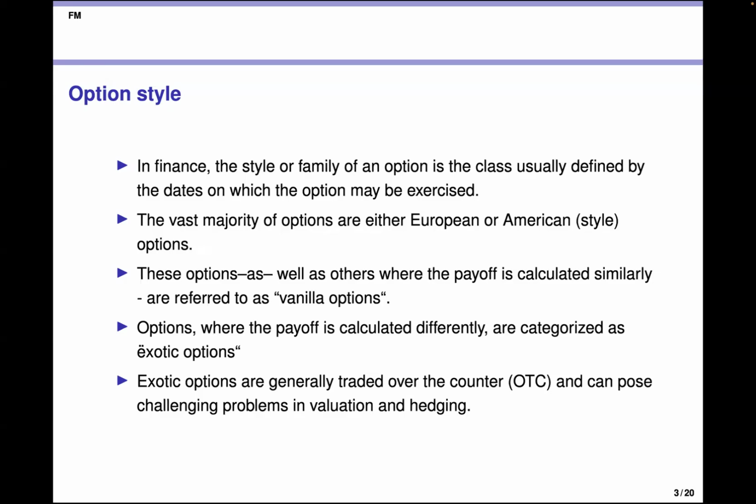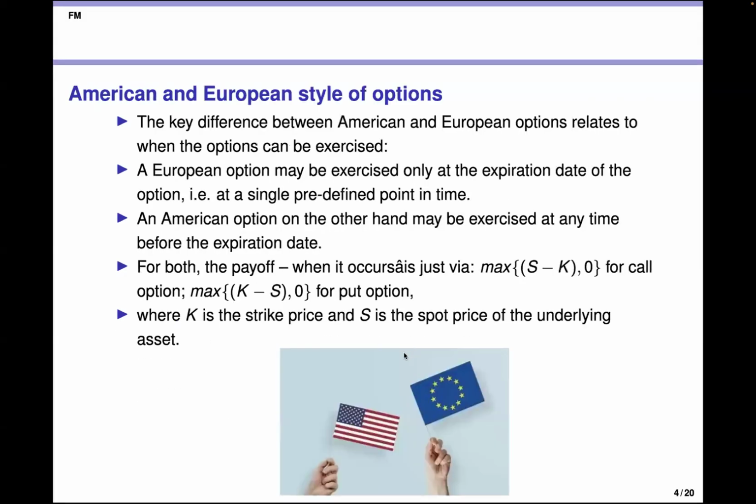Because if the market price is less than K, it is not profitable for us, and we are not obligated to exercise our option. Remember? Okay, now about the difference between American and European style of option.